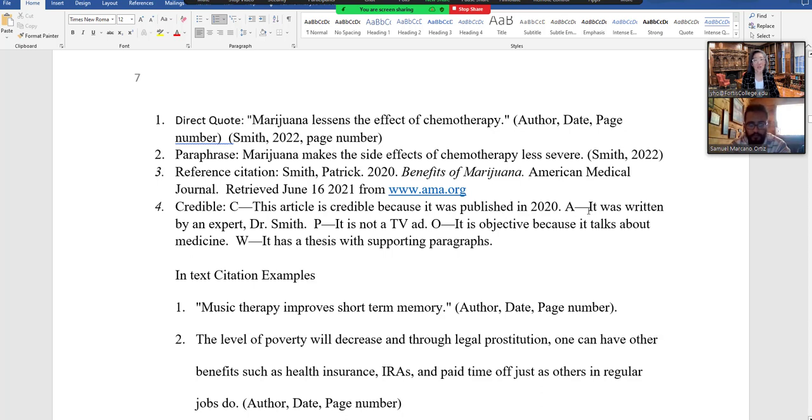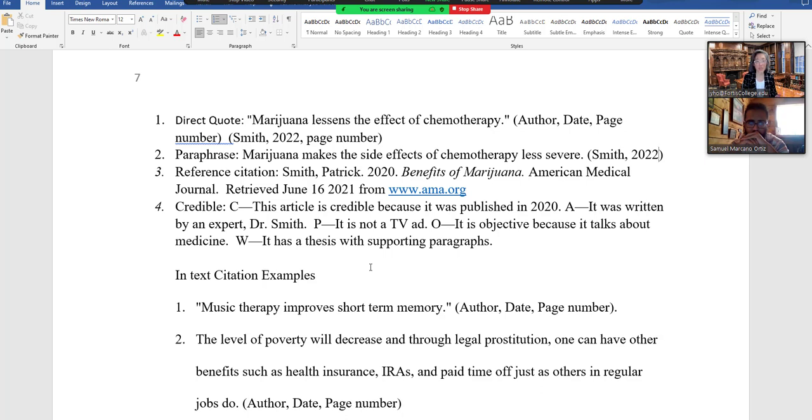A, author, it was written by a doctor, Dr. Smith. P, purpose, it's not an ad, it's an educational article. O, it's objective because it's dealing with scientific medical facts, and it talks about medicine. Writing style, it has a thesis with supporting sentences. So that's how you answer the question, how do you know this is a credible source?